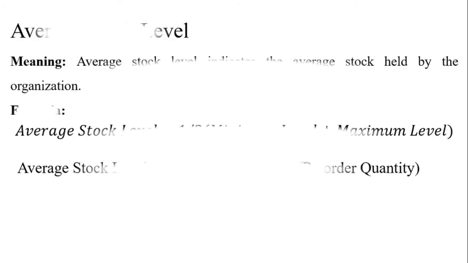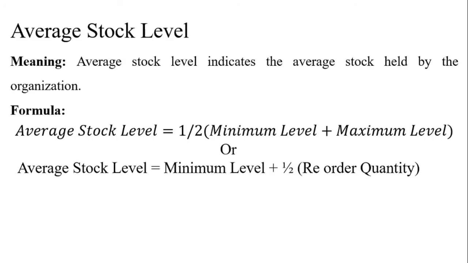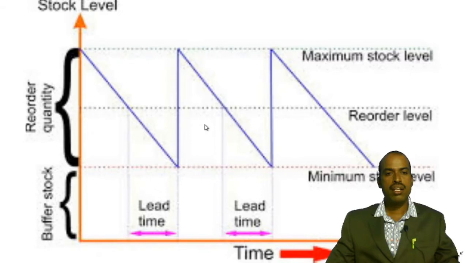And then the average stock level. The average stock level indicates the average stock held by the organization. It is simple, as we already know the maximum stock as well as the minimum stock. Adding these two stocks and dividing by 2, we get the average stock.